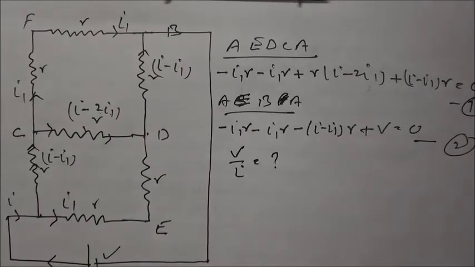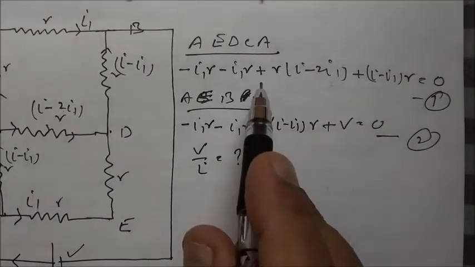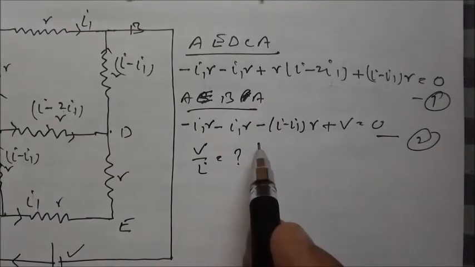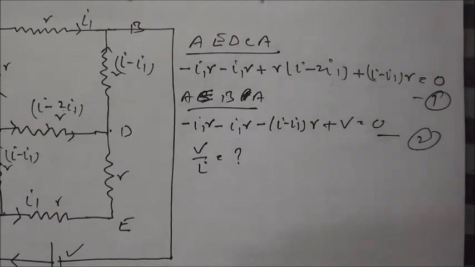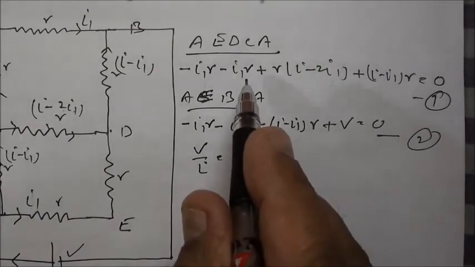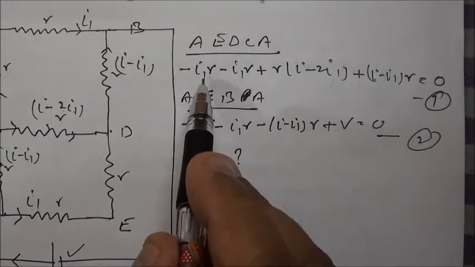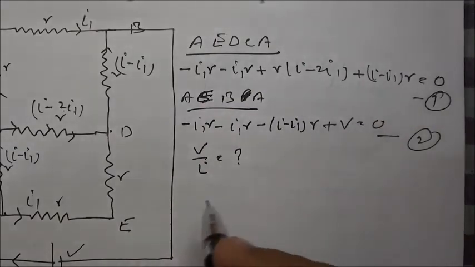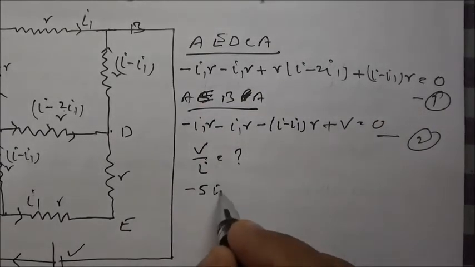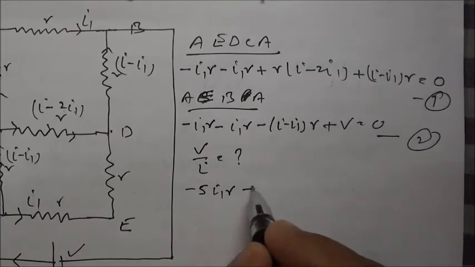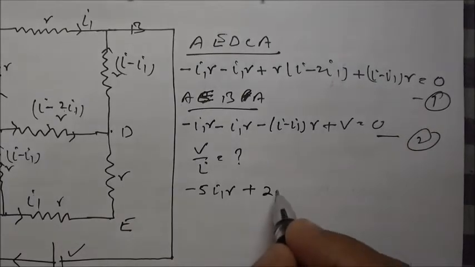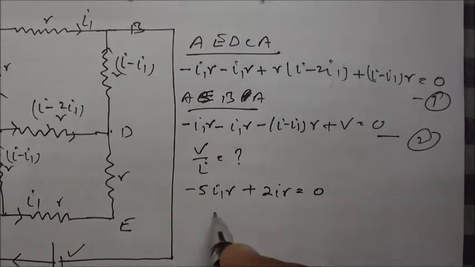So what we can do here, from first equation we can find out I1 in terms of I and then substitute it here. So let us rewrite the first equation. Terms 1 and 2: minus 5 I1R plus 2 IR is equal to 0.